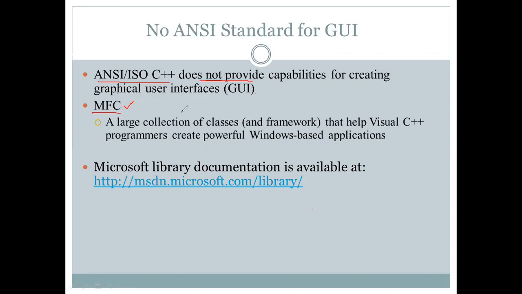So what has MFC done? It is a large collection of classes and framework that help C++ visually. That's why it is Visual C++. That means C++ can be viewed visually. It helps Visual C++ programming to create powerful Windows-based applications.